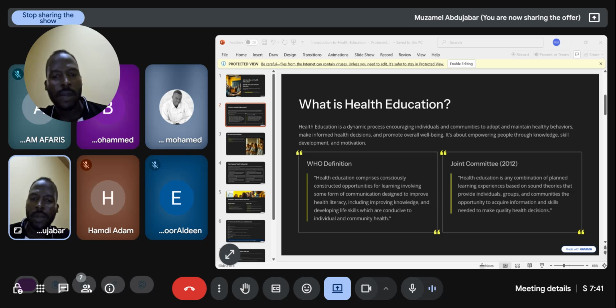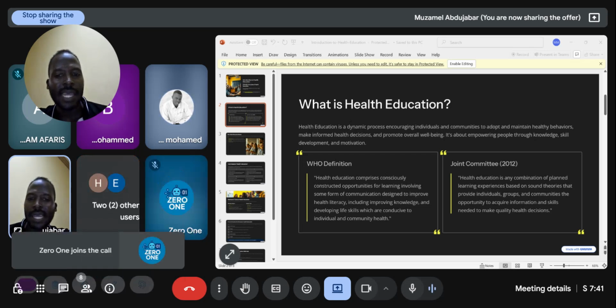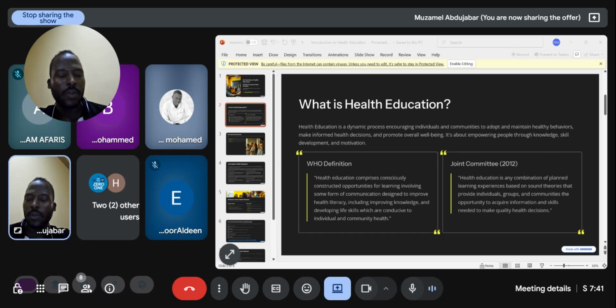The WHO definition mainly focuses on improving the knowledge and skills of the community or the individual that can help them protect themselves from the disease.